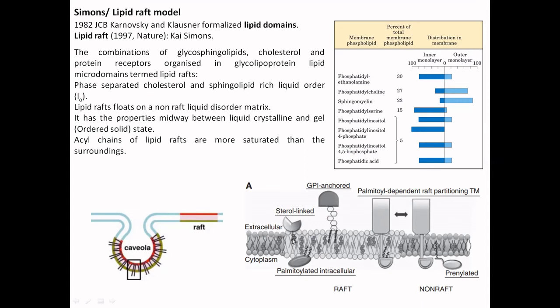Till now, what we know is that the proteins are different on the two sides of the plasma membrane. But here we see that phosphatidylethanolamine, phosphatidylserine, phosphatidylinositol, phosphatidylinositol 4,5 bisphosphate and the phosphatidic acids are present more toward the intracellular side in comparison to phosphatidylcholine and the sphingomyelin, which are more on the outer monolayer of the lipid bilayer, whereas the phosphatidylinositol 4-phosphate is only found in the inner monolayer of the lipid bilayer.